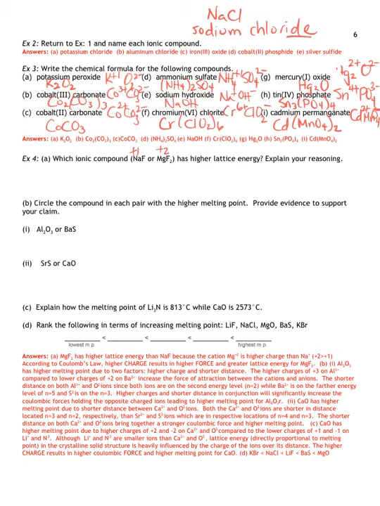And so the difference between the two, because they both have fluoride ions, is the charge. So it looks like magnesium fluoride is going to have a higher lattice energy.